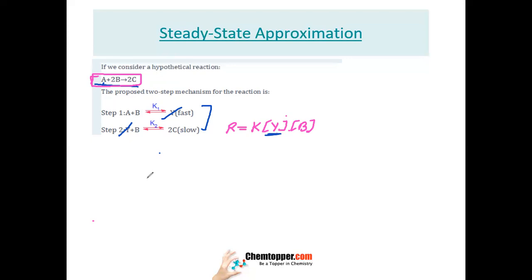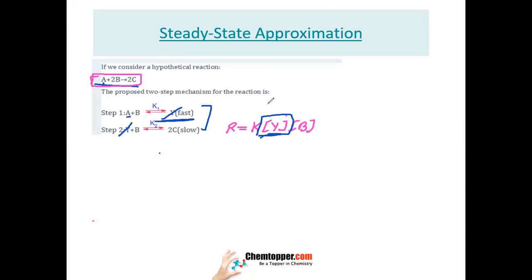You have to perform experiments. These are also experiments. Rate law is always in terms of the reactants, never in terms of the product or intermediate or something else. So how come I can write this rate law? Because Y is not the reactant. So we have to replace this Y from the reaction which is giving you Y, like you're getting Y here.